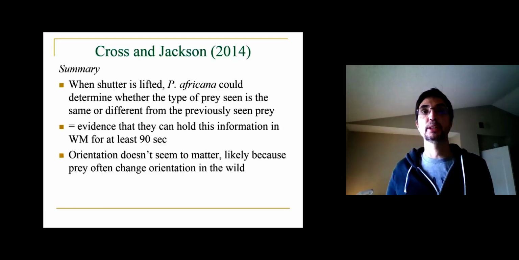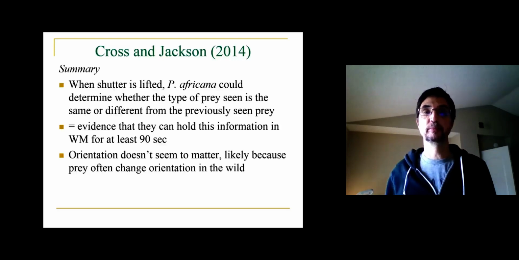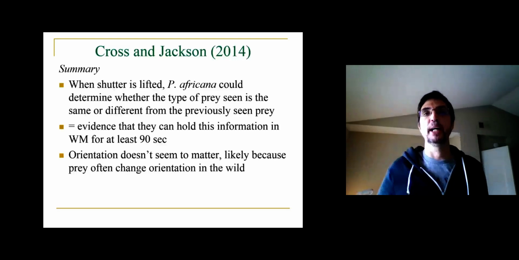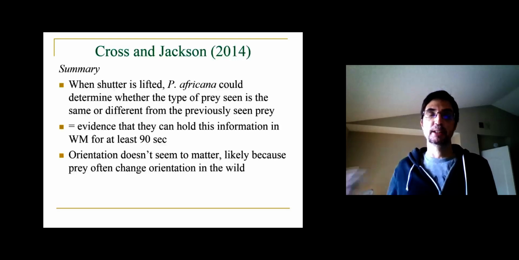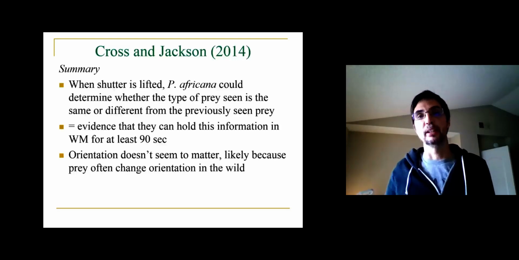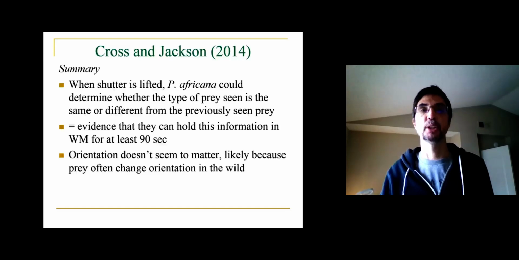What this shows is that they can hold this information in working memory for at least 90 seconds. Orientation, however, didn't seem to affect the likelihood of attacking. So why would seeing the spider in a different orientation not affect the likelihood of jumping? Because in the real world, outside the lab, spiders changing orientation is something that happens all the time. So it's not going to violate any expectations on the part of Portia.